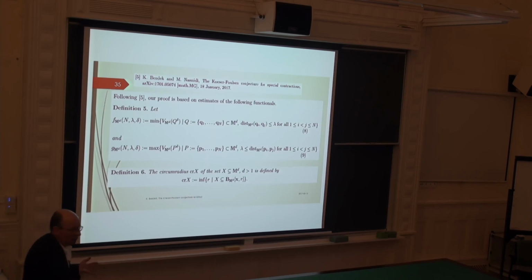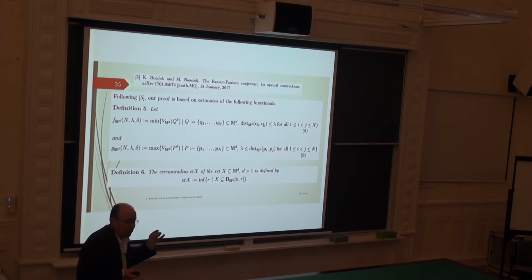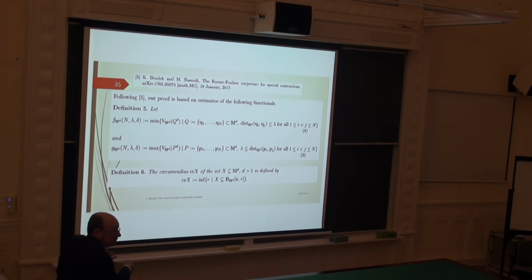So we draw balls around the Q_i with radius delta, and we take their intersection, but we have a restriction. The diameter of the center points cannot be larger than lambda. So that means that we can ask for the minimum volume of the intersection. So there is a min problem involved here. Depending on delta, lambda, and n, we can search for the minimum volume intersection of balls of radii delta centered at the point configuration Q, where the diameter is upper bounded by lambda. It's a meaningful extrema problem.